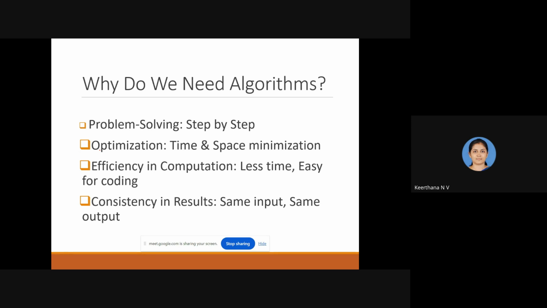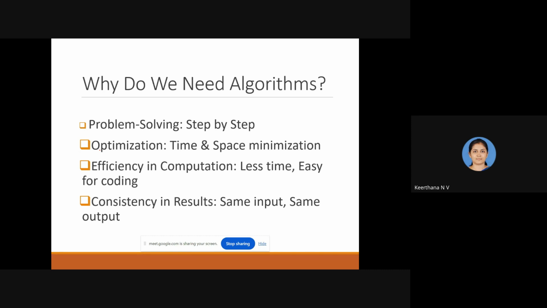If you are doing any computations, that is, if you are writing a program and you have a standard step-by-step algorithm, it is easy to write the code step by step with the help of your algorithm. Fourth one is consistency. Every algorithm will have more inputs, but the output will be one.